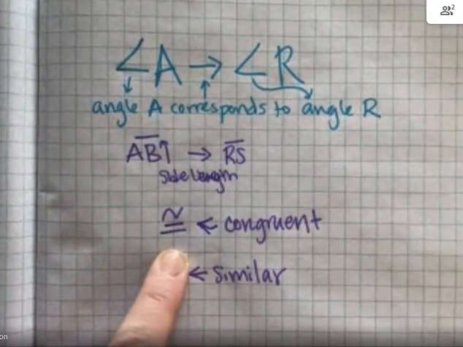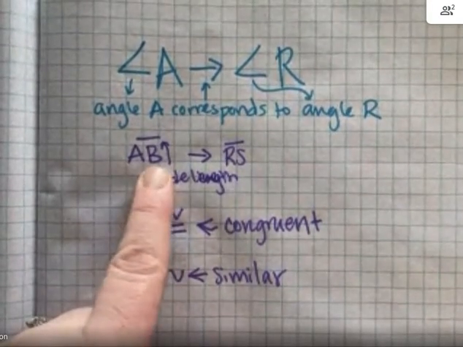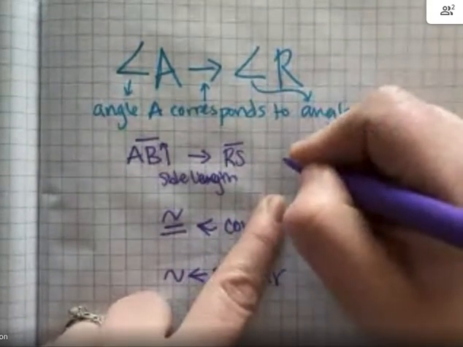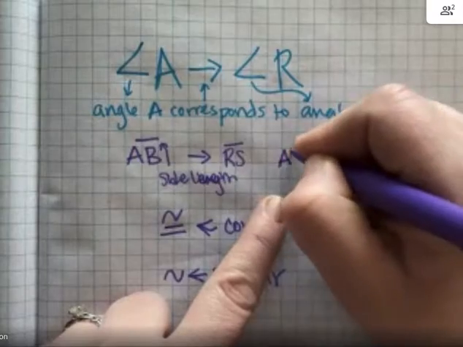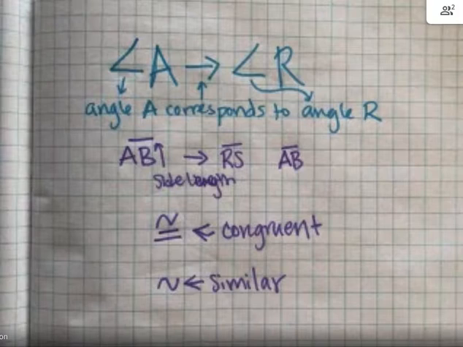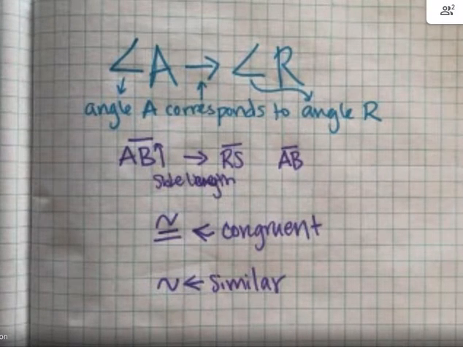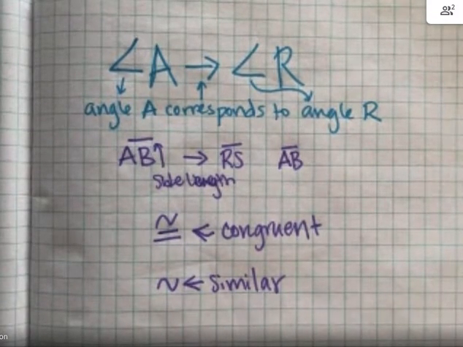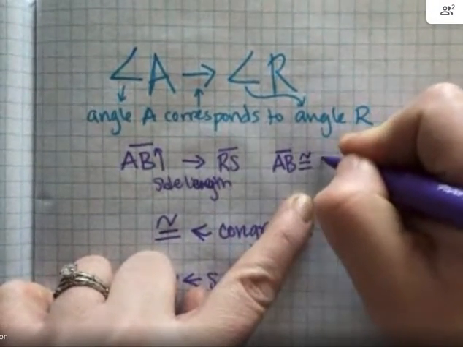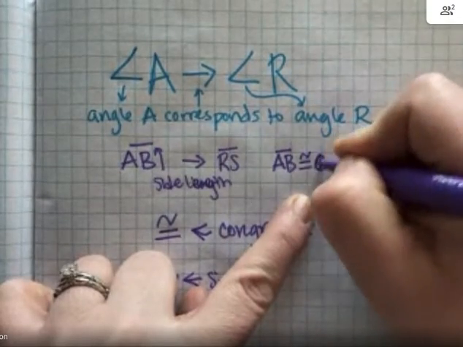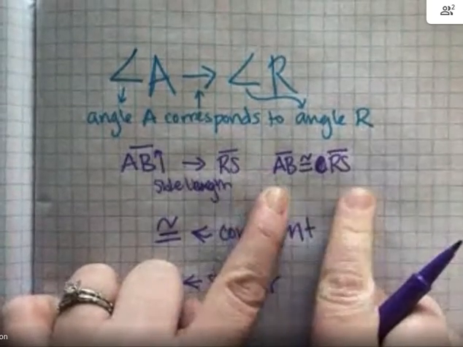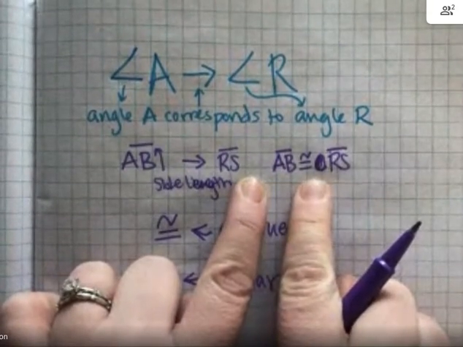So when I say congruence statements, we know that side length AB corresponds to side length RS. That means we can make the congruence statement because we know A and B, when we line them up onto RS, when you figured out what your transformation needed to be to get PQRS underneath ABCD, AB then we can say is congruent to, not CD, RS. So we can now make congruent statements. AB is congruent to RS.